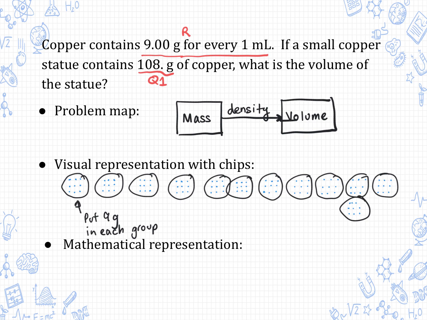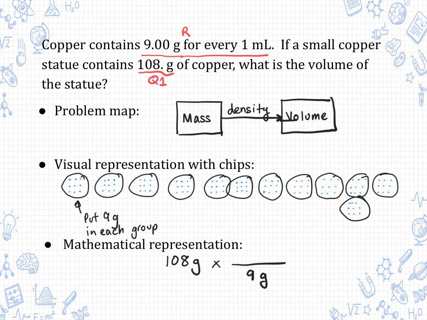Again, the picture does get a little tedious, but it helps us understand why we're doing the math the way that we are. So again, quantity times relationship. Our starting quantity is mass. And our starting quantity in this problem was 108 grams. The manipulation I did with my chips is I sorted or divided my 108 chips into groups of 9. So there are 9 grams.